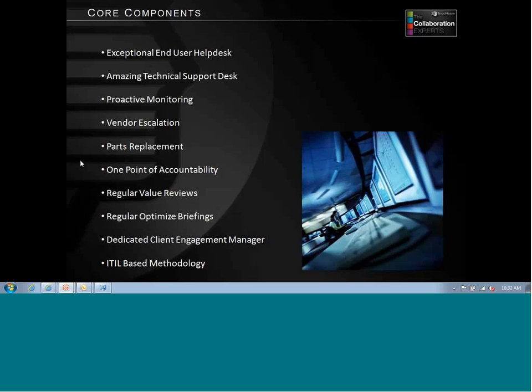And all of this stuff should be underpinned by a tight methodology. And we use ITIL, which most of you will be familiar with.